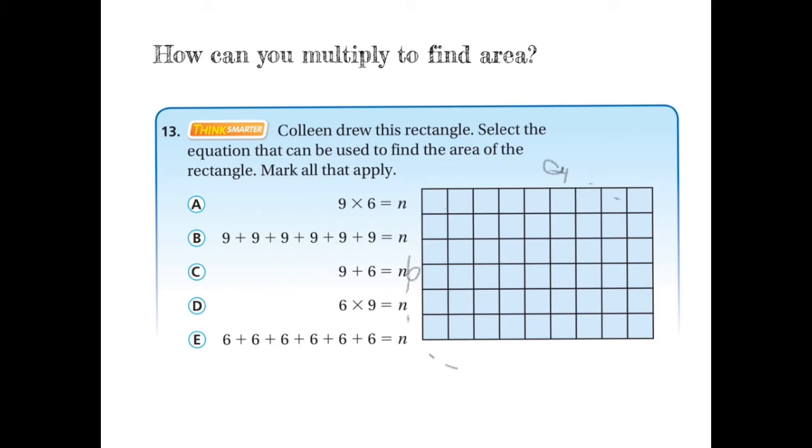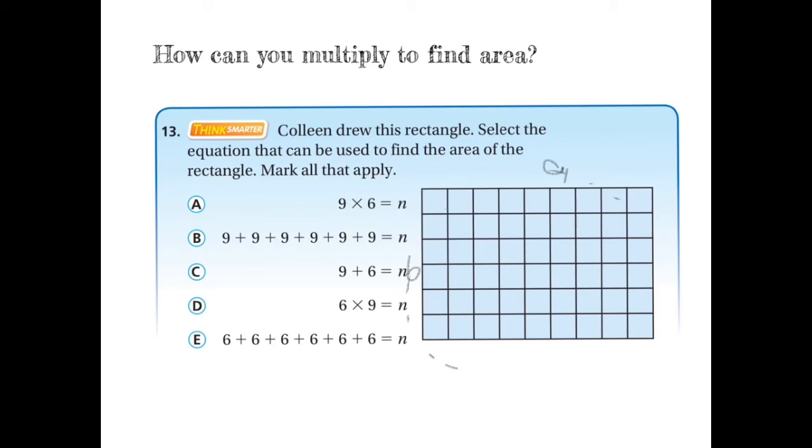It's the same thing with repeated addition, right? If you have 6 groups of 9, 9 plus 9 plus 9 plus 9 plus 9 plus 9, that would also get you there. But if you look here, 9 plus 6, that won't do that. That's not the same as multiplication and repeated addition.